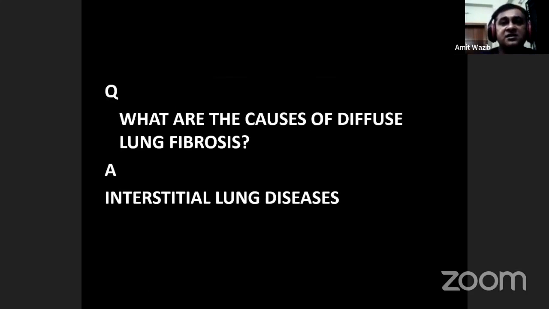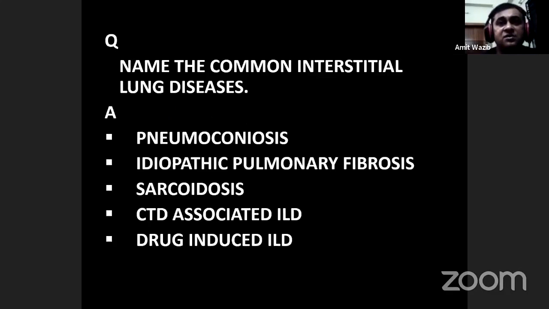Such interstitial lung diseases, you should know the names of a few important interstitial lung diseases, and you may be asked, so name a few interstitial lung diseases. You may not know the detail of these ILDs, but at least you should know the names. So these are the common interstitial lung diseases.